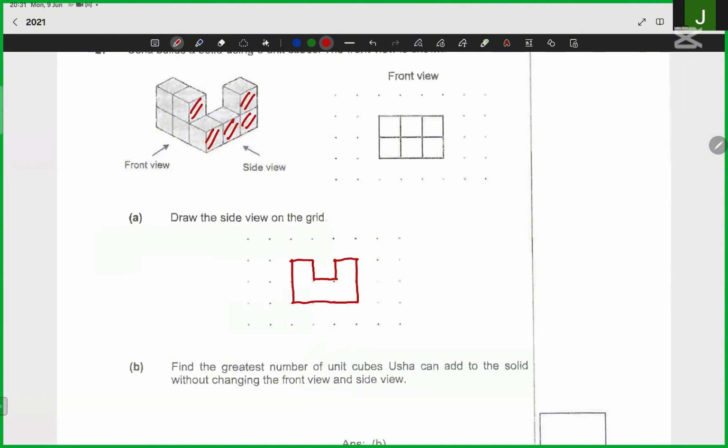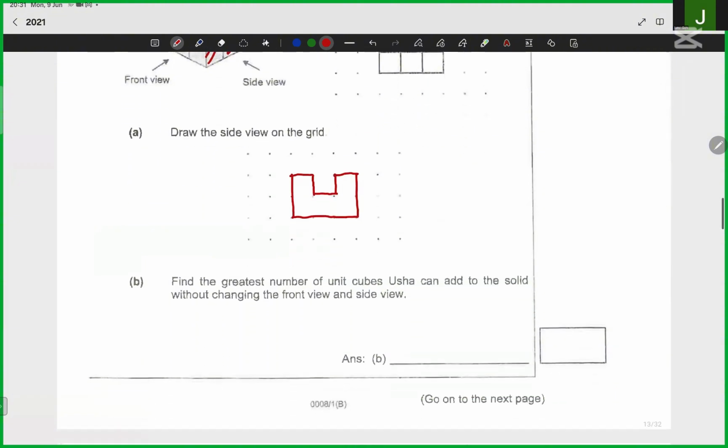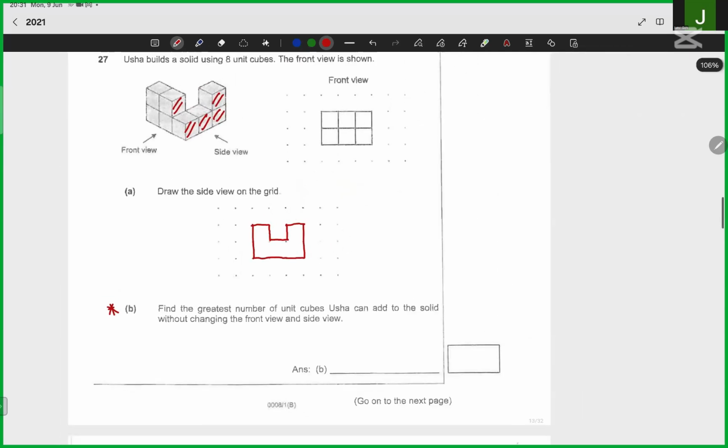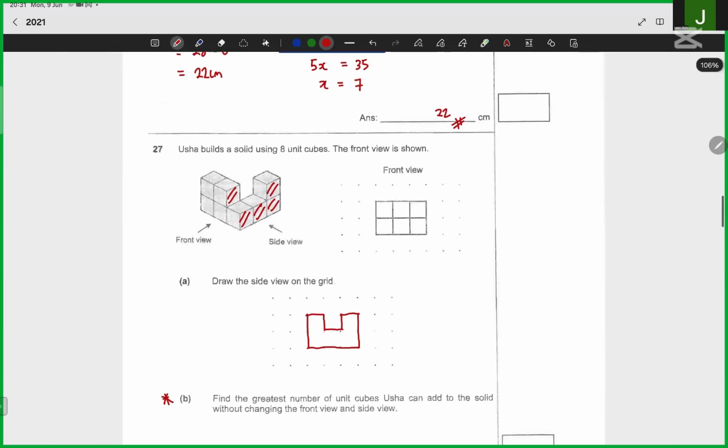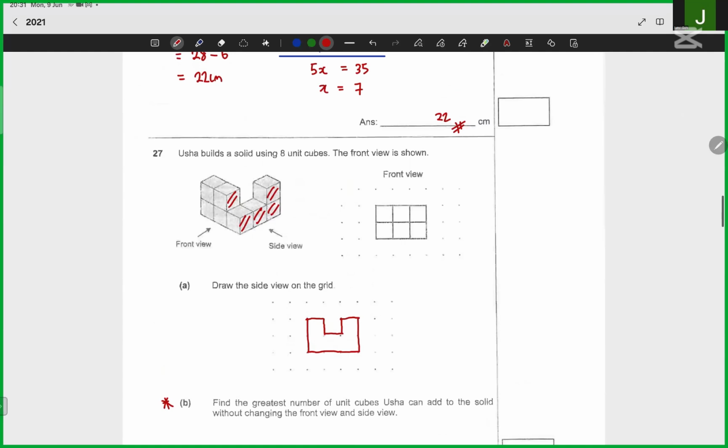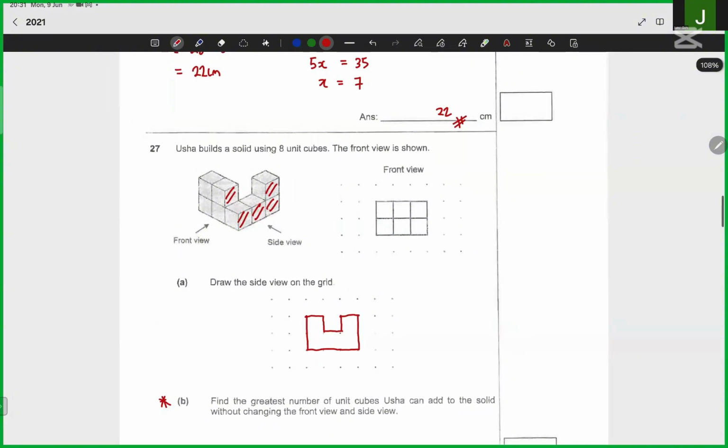All right. Now, B is a challenging question. Find the greatest number of unit cubes Asha can add to the solid without changing the front view and the side view. So if you consider the front, I don't want to change either the side view or the front view. How can I add cubes to achieve this result?